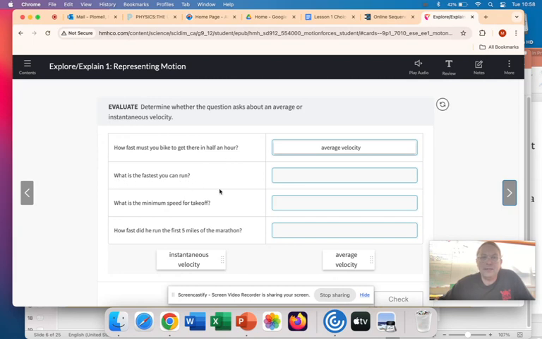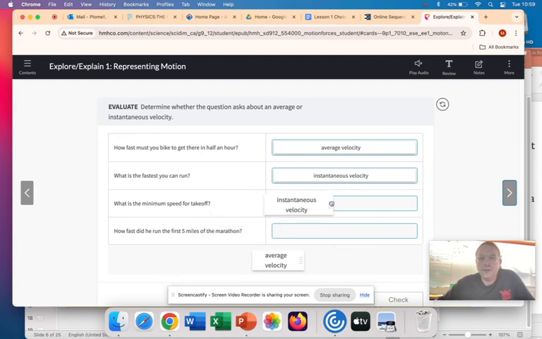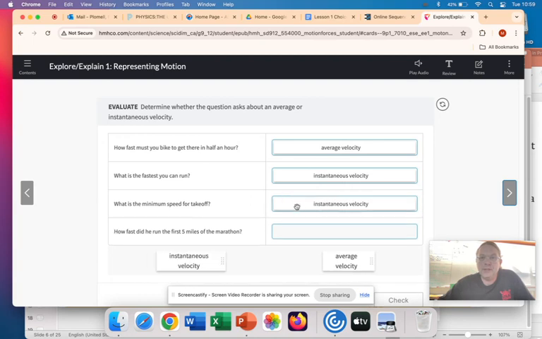What is the fastest you can run? At the fastest point of your run, let's measure your instantaneous velocity. What's the minimum speed for takeoff? So we'd want to know what's the slowest you can go in your plane for your tires to leave the ground. At that moment, it would be instantaneous.